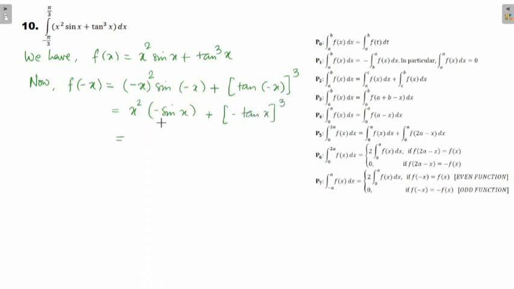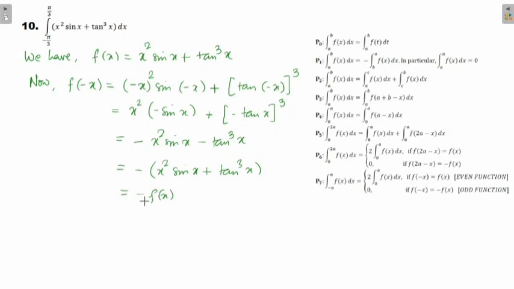So this becomes minus x square sine x, and this becomes plus, and minus cube is minus, so plus into minus becomes minus tan cube x. Now if you take minus common, it becomes minus of x square sine x plus tan cube x, right? Now look at this and look at this, aren't they the same? So in place of this I'll write just f(x).